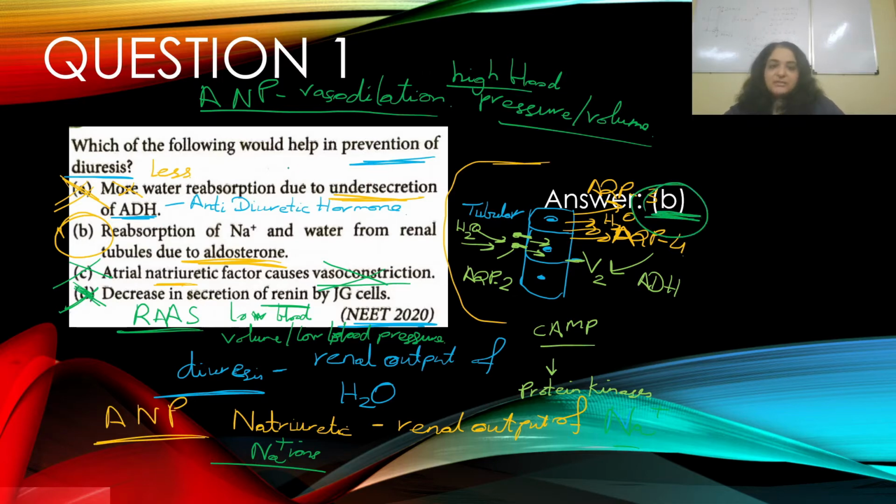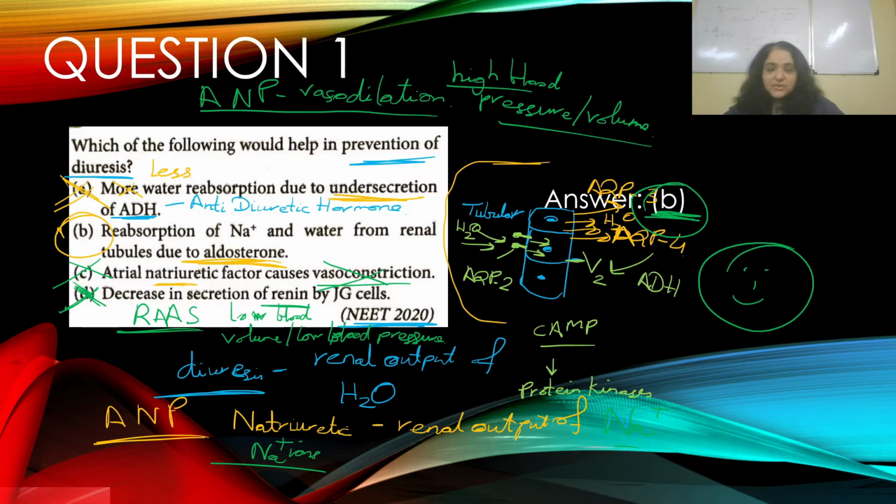So to prevent diuresis, that is the renal output of water, you need reabsorption of sodium and water from renal tubules due to aldosterone. This was actually a very good question, so please pay attention, because in the forthcoming slides I will be explaining how every hormone is responsible for reabsorption, or the opposite.